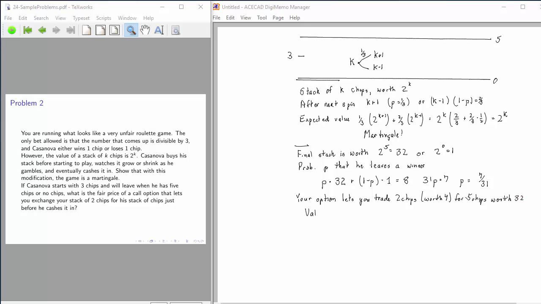So the value is the probability that you will exercise this option. We just worked out that 7/31 times the amount you get if you exercise it. This is just like paying the strike price and getting a valuable share of stock. 32 minus 4. So the answer is 7 times 28/31, and we are done.